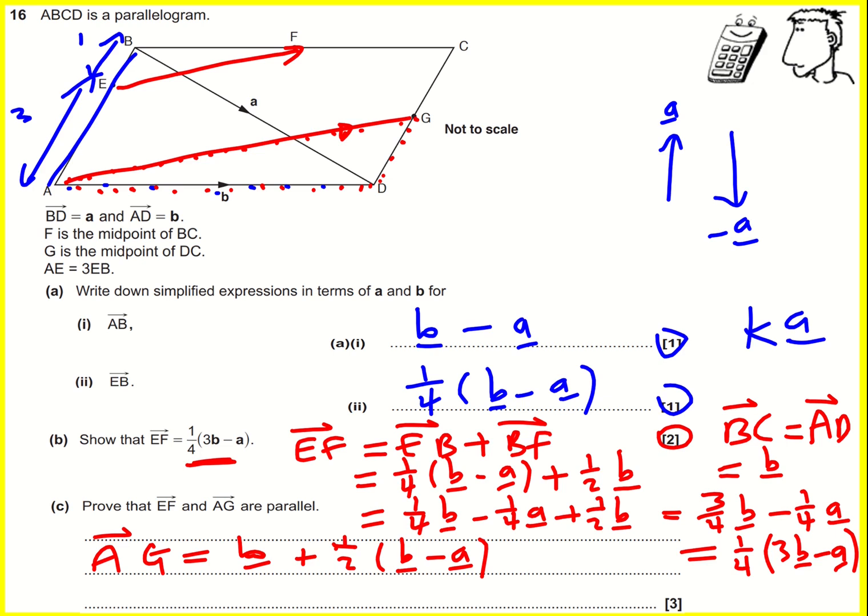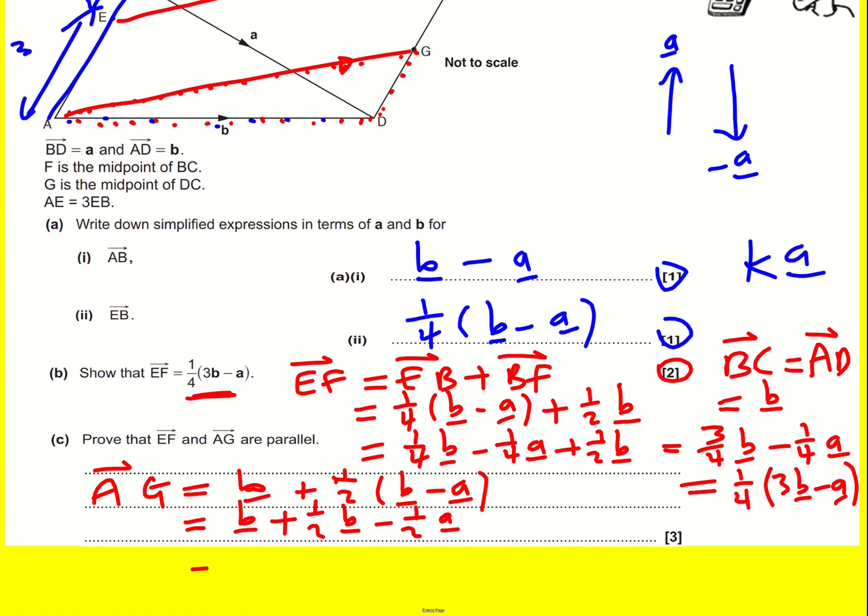So it's going to be B plus a half B minus a half A, and I'm going to write that as 3 over 2 B minus a half A, and then this time I'm going to take the half out, half 3B minus A, and that is really good because that's essentially the proof done.